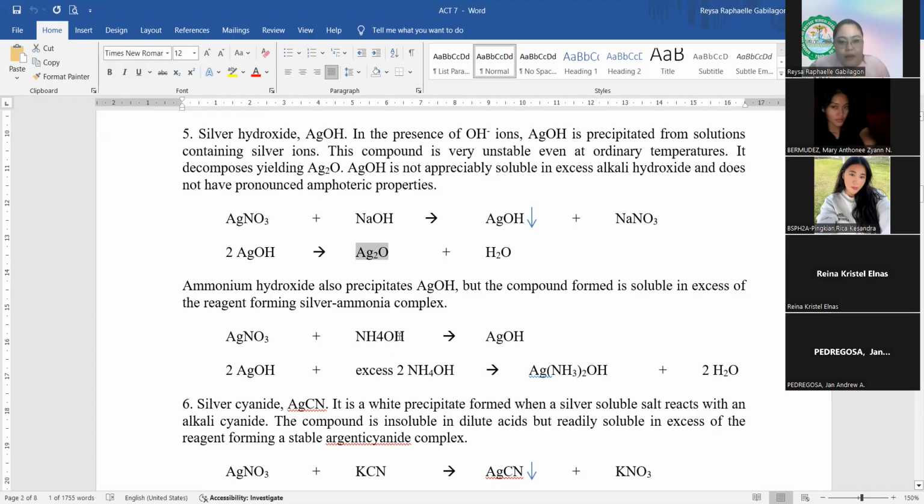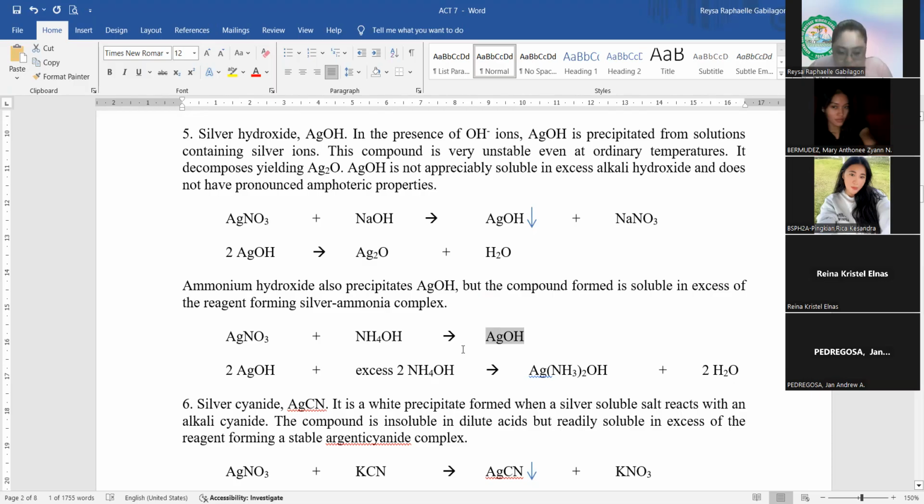If you used ammonium hydroxide in the precipitation, this is the equation. Silver nitrate plus ammonium hydroxide, you will get the silver hydroxide. Okay?